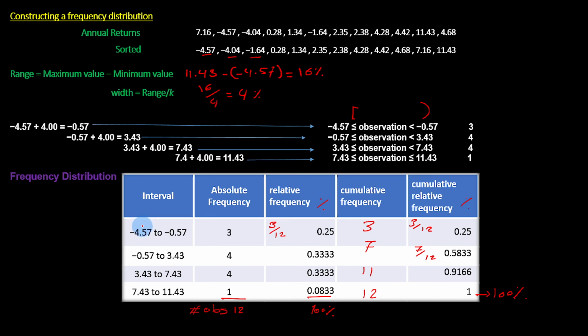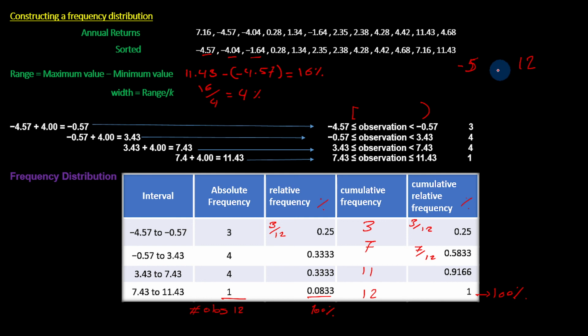You could round it up, and when we are rounding, we normally round up rather than down. So for example, instead of 11.43, you could have used 12. And instead of minus 4.57, you could have talked about minus 5.